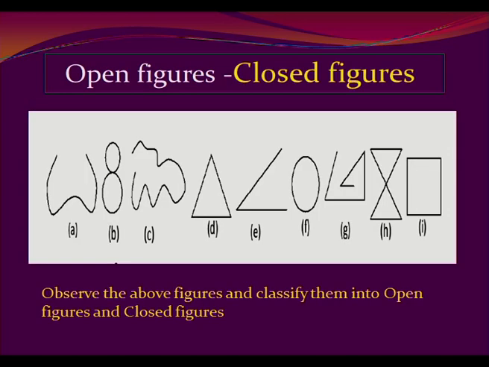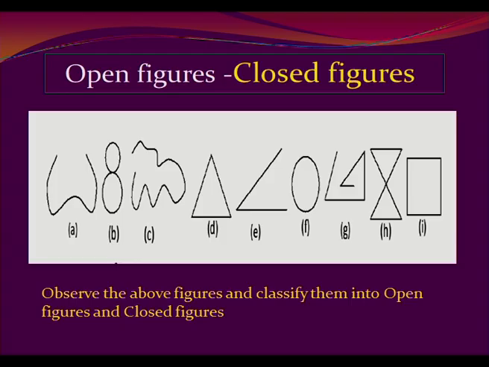Now, see children, let us discuss open figures and closed figures. You might have come across different shapes in your daily life, or you might have drawn different shapes in your notebook or mathematics notebook.